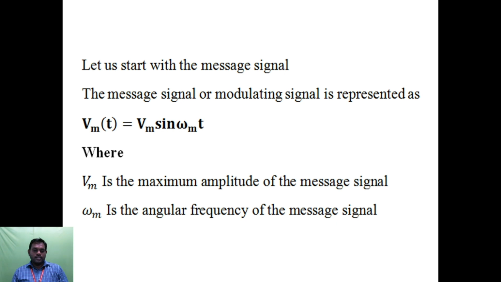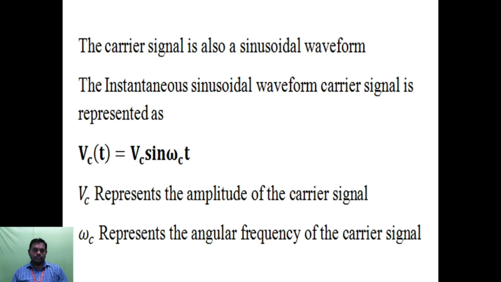Now we will discuss the derivation of amplitude modulation. Let us start with the message signal. The message signal or modulating signal is represented as Vm(t) = Vm sin omega m t, where Vm is the maximum amplitude of the message signal and omega m is its angular frequency. The carrier signal is also a sinusoidal waveform, represented as Vc(t) = Vc sin omega c t.